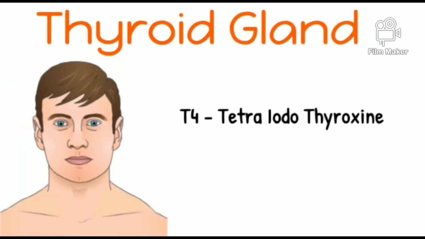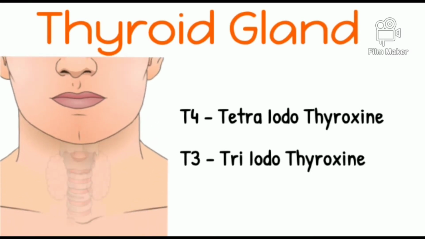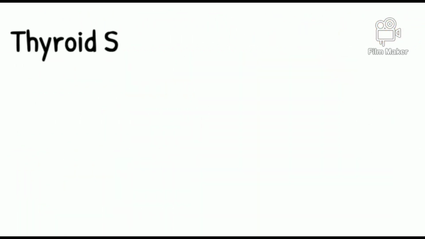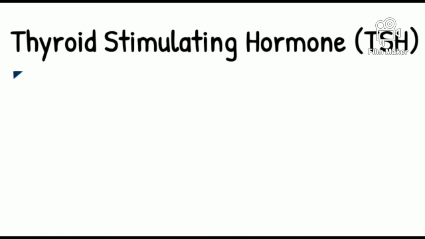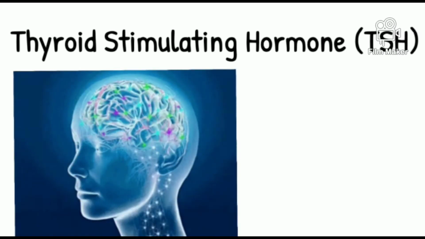These T4 and T3 levels are regulated or controlled by the TSH, that is thyroid stimulating hormone. This thyroid stimulating hormone is released by the anterior pituitary gland, which is located in the brain.